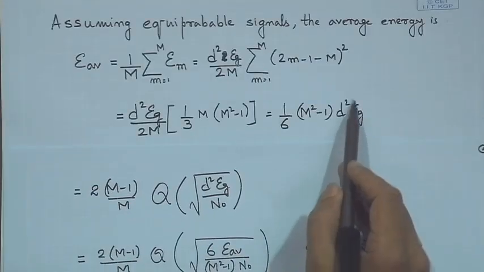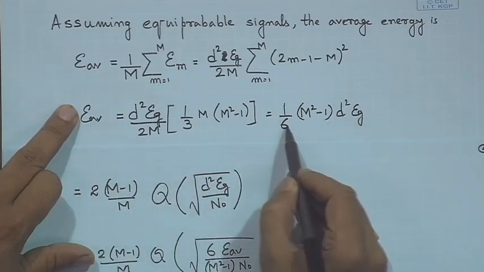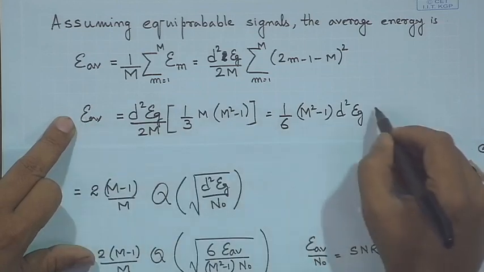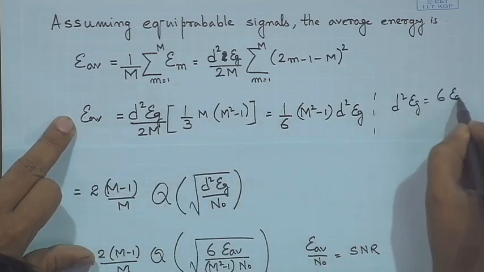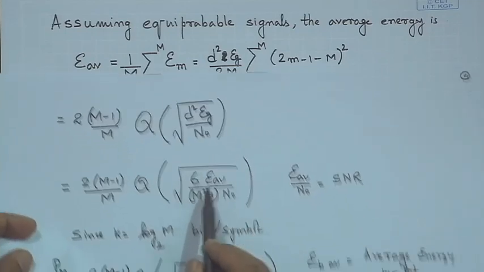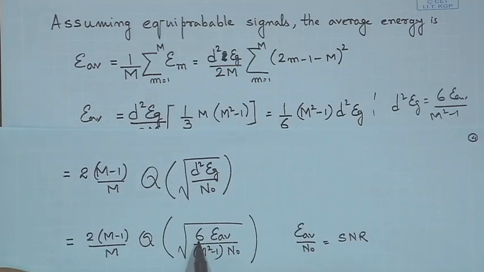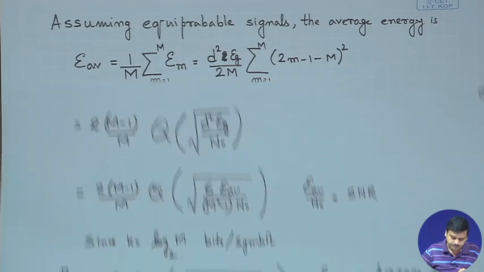So, you have this d squared Eg and you have EAV. From this you have d squared Eg equals 6 EAV upon m squared minus 1. So, that is what you have, d squared Eg is equal to 6 EAV upon m squared minus 1, and that N naught is of course there, and EAV upon N naught is SNR.